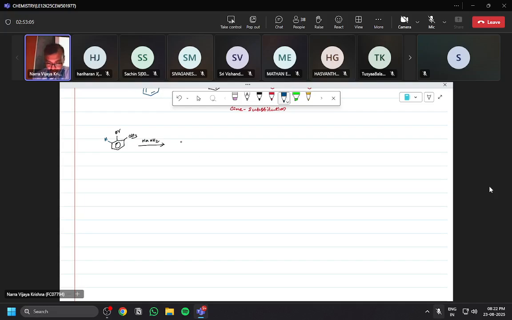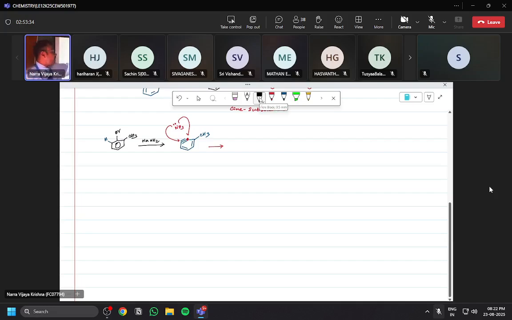Correct? So the product will have a triple bond here, CH3 here, and a double bond, marking this carbon. From here H is gone, bond is shifted, Br is gone. Now ammonia has to donate a lone pair of electrons to either this position or this position. So what is the product?